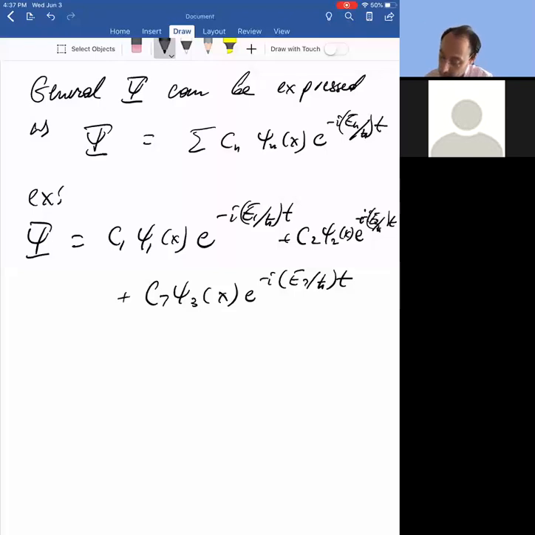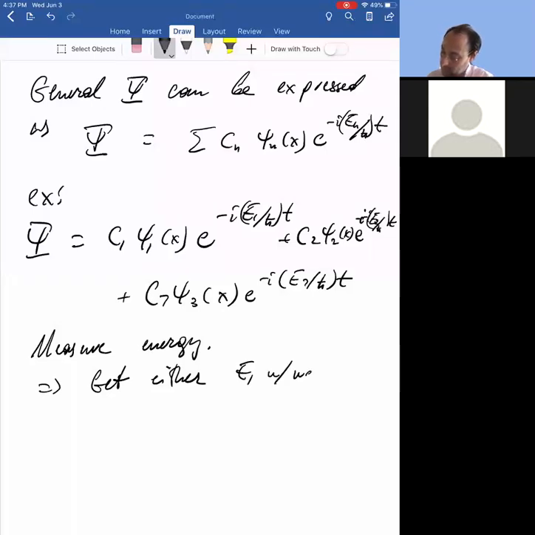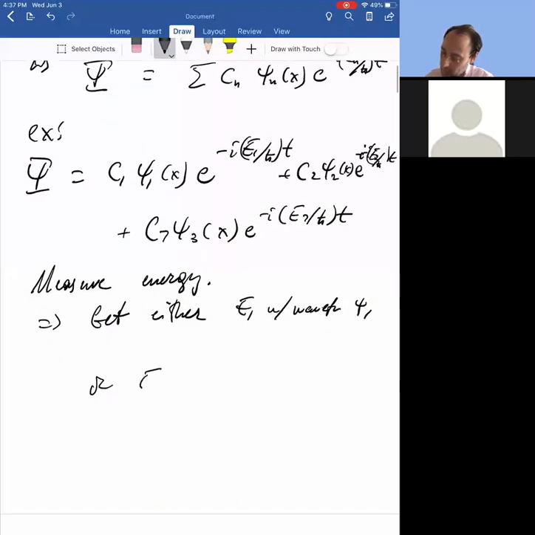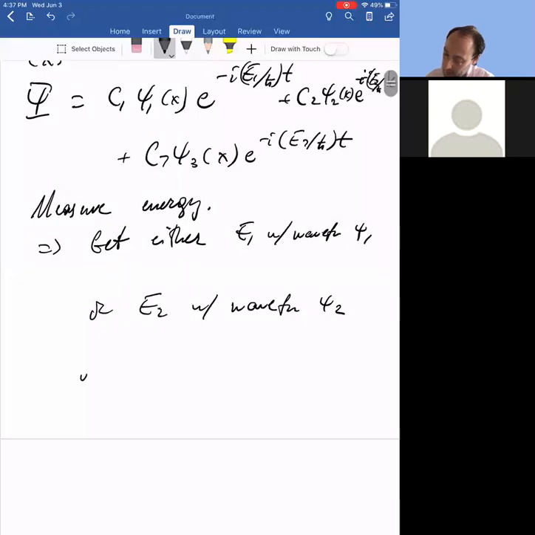So measure energy. Get either E1 with wave function psi1, or, and I'm leaving space here because I want to discuss probabilities, E2 with wave function psi2, or E7.